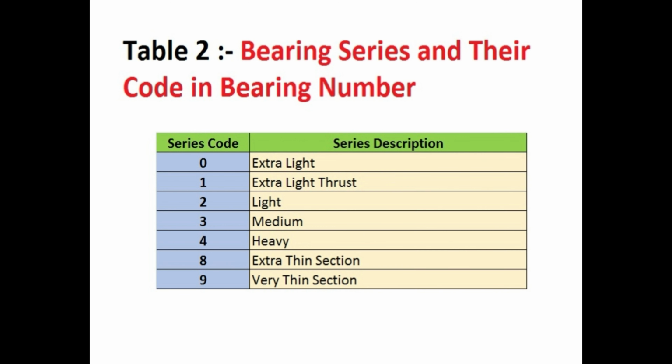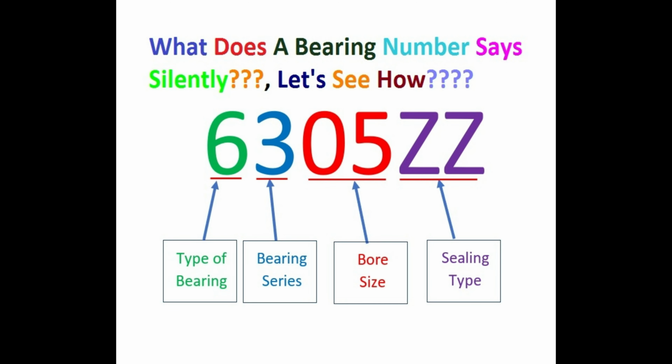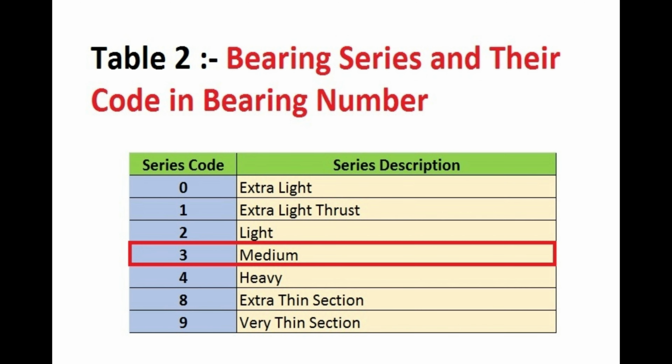If it is 1, then extra light thrust, 2 is light, 3 is medium, 4 is heavy, 8 is extra thin section, 9 is very thin section. Thus, we can identify now that in case of bearing 6305GG, the second digit 3 means the bearing is of medium toughness.